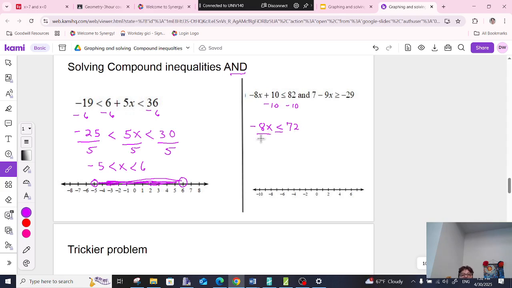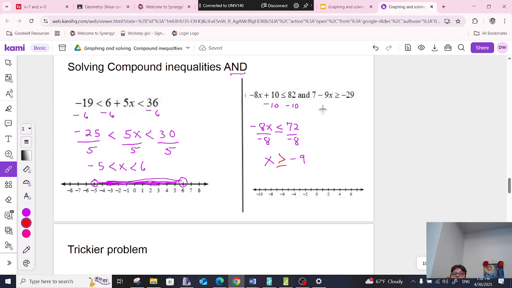I'm dividing by a -8. Uh-oh. Yes, I agree, x is greater than or equal to -9. What do I have to do here? And why am I flipping? Because I divided by a negative, right?